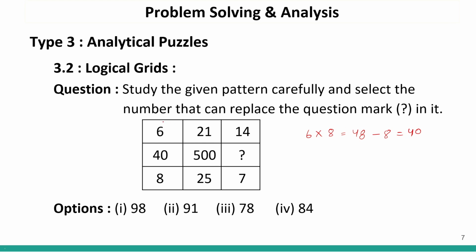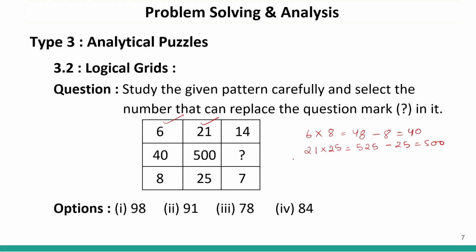Right? Now let us look at the second column. So 21 into 25 will give me 525 because 25 into 20 will give me 500 plus 21 into 1, that is 525, minus 25 will give me 500. So this logic follows for both first column and second column, right?